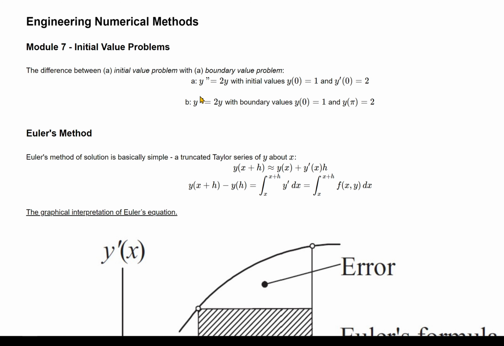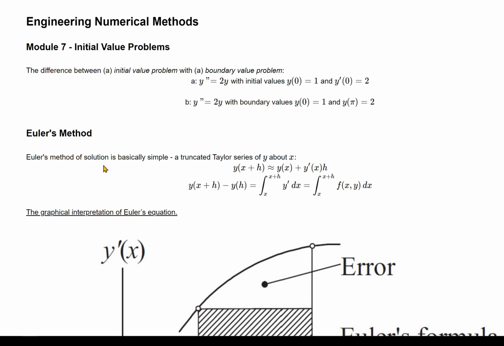So basically this is the boundary values, contrary to the initial value. You're just given the initial values of all degrees, pertaining to the y double prime or the second degree variable. Basically that's the idea of our initial value problem.